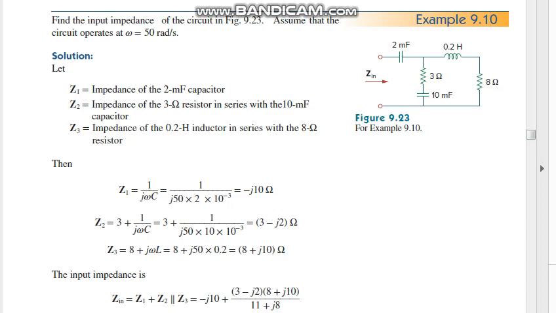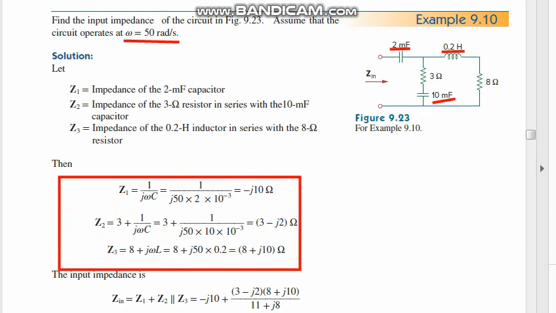calculate it? First of all, omega is given, so we have to keep in mind that if omega is given here, then this 2 millifarad, 10 millifarad and 0.2 henry have to be converted to their similar impedances.